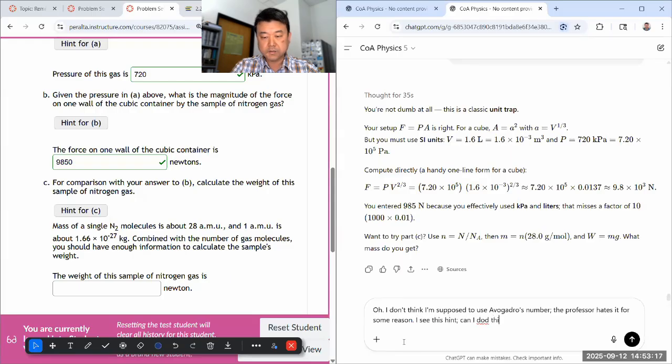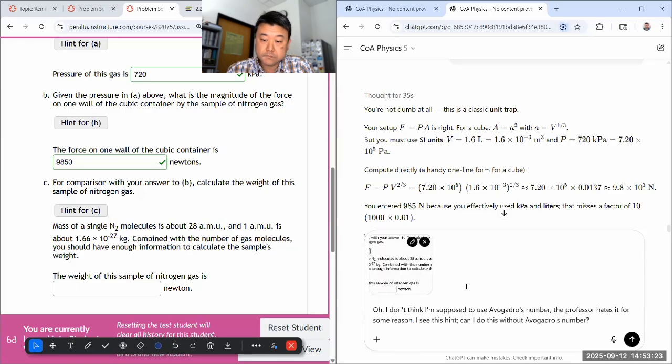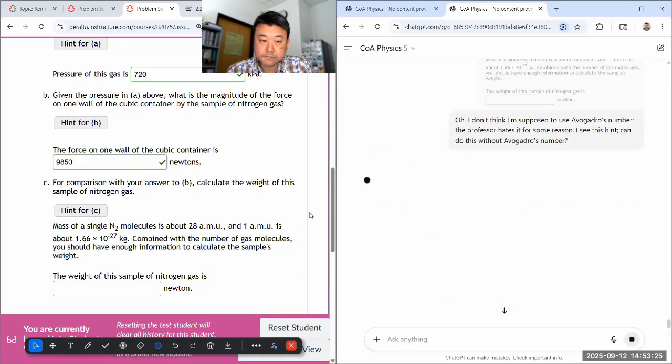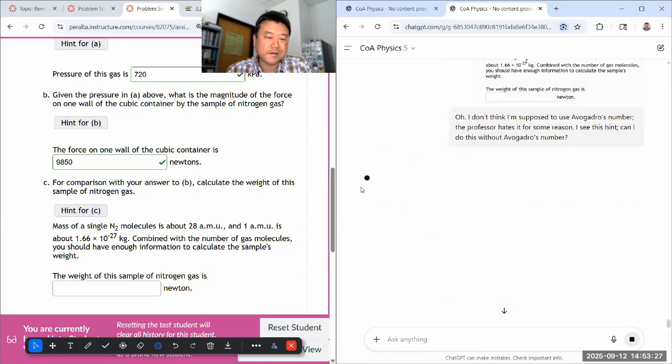Can I do this without Avogadro's number? Yeah, without the hint, I think using Avogadro's number is kind of necessary to convert from atomic mass unit to kilograms. And I don't hate it. I just don't want to use it.